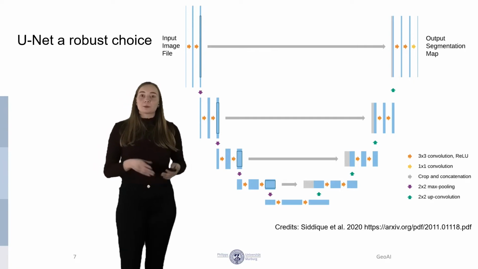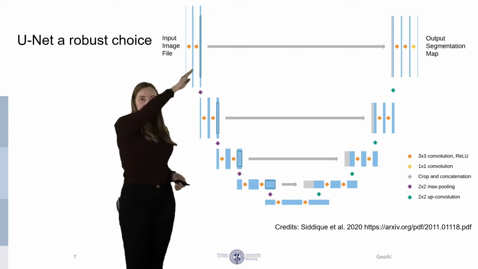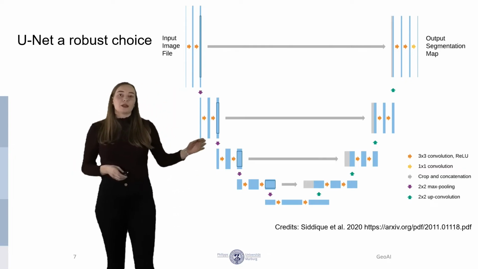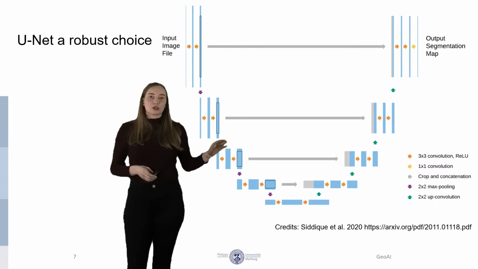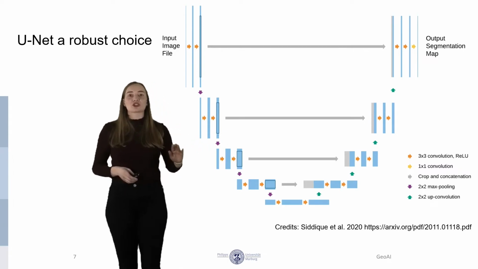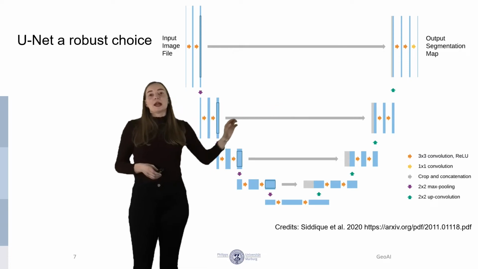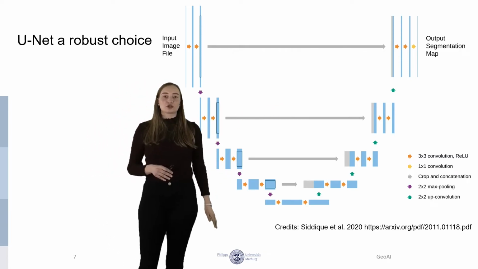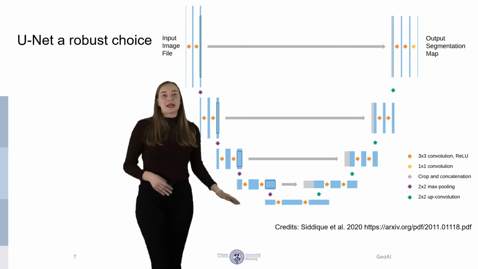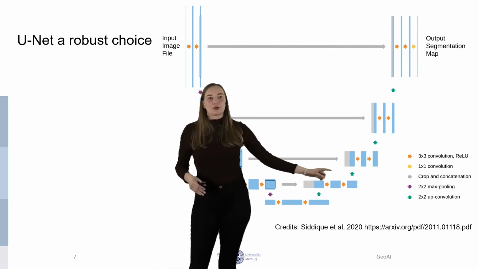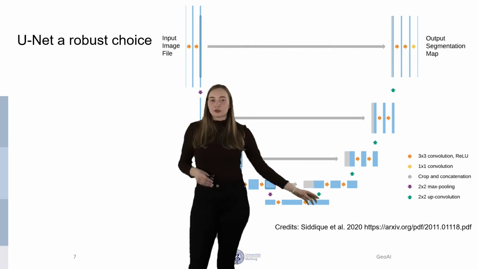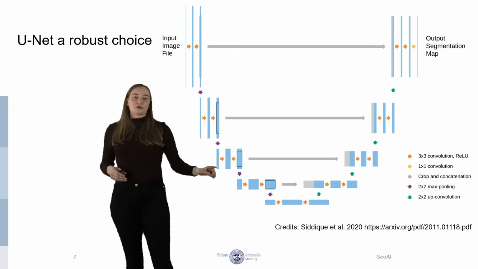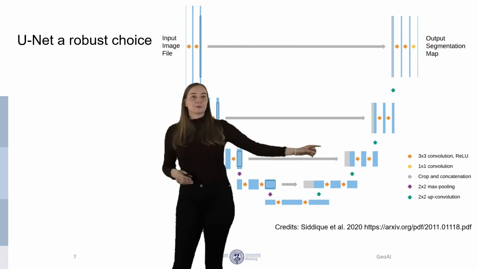We again put our image into our algorithm, and then we do some convolution, then some max pooling downward, but we also get some information over to the side. We do this many times, and again we lose some of the spatial information when we go down, and we gather this back with transposed convolution on the way up, and we also use the information from the side that comes over here.